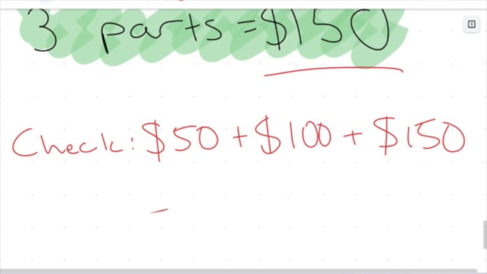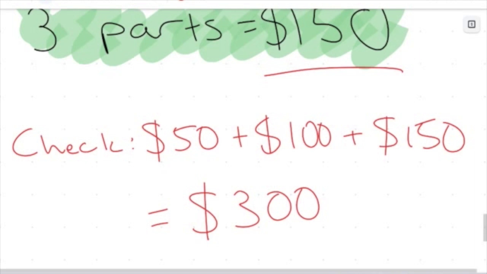And lo and behold, I get $300. I get my whole back. But this is how we can approach questions where, if given some whole and a ratio, we can find how much each portion was, how much each element in the ratio is going to have of that whole quantity.